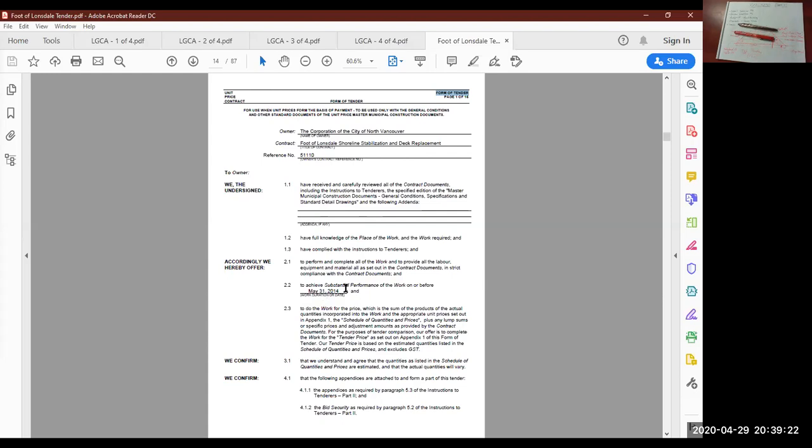Skip down a little further here. You're typically always given a date by which the job must be completed. I highlight this because after you've completed your estimate and your cost analysis, you should do a quickie schedule, a real rough schedule, to see how long you think it's going to take to build the project based on the productions of all the different scopes of work built into your tender.